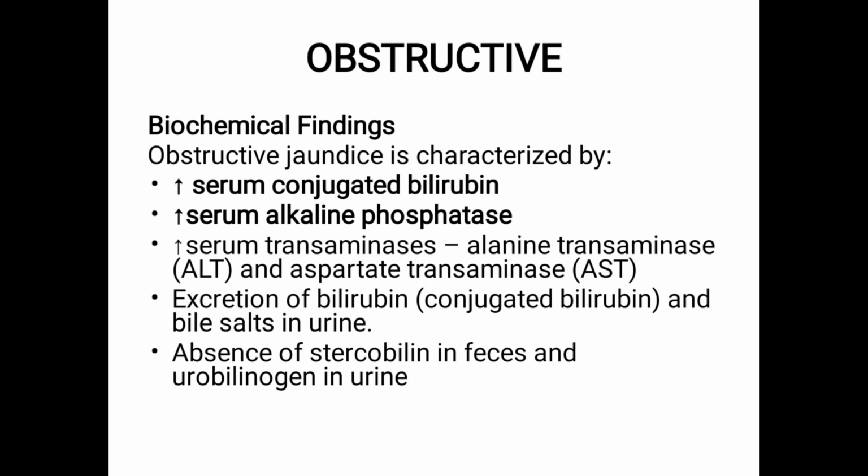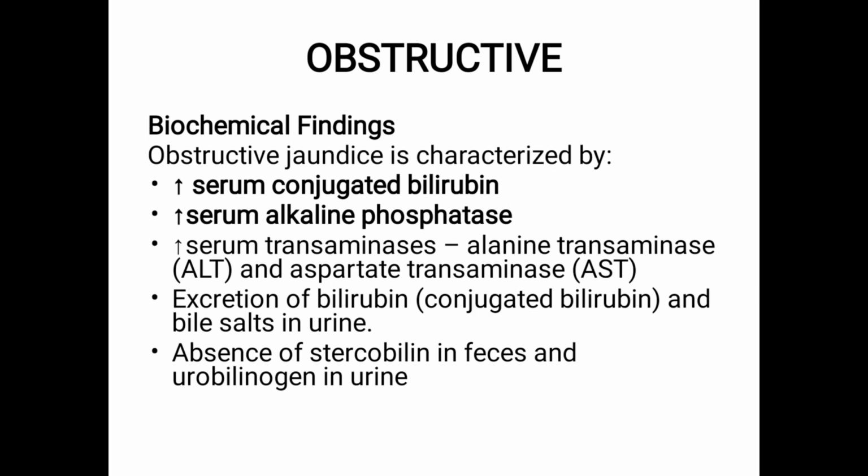The biliary canaliculi also secrete alkaline phosphatase, which comes back to the blood, because of the obstruction and regurgitation. So in obstructive jaundice, you have to remember that conjugated, direct bilirubin is high. Also the serum alkaline phosphatase level is very high.